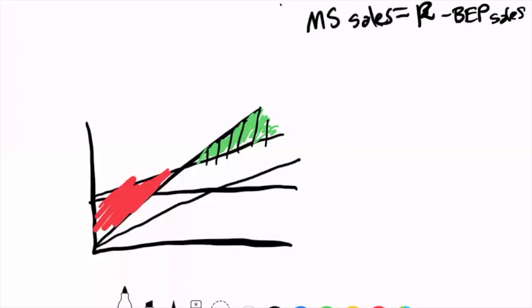With your margin of safety in units, it equals your target in units minus your break-even point.